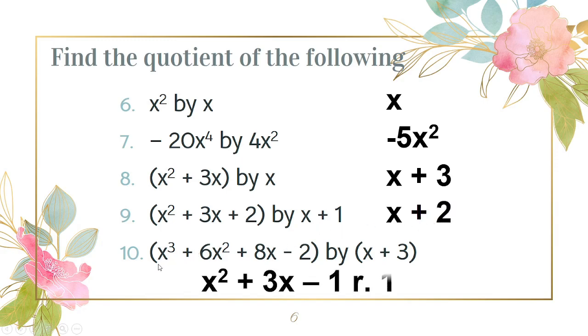And the last one, that one is a bit complicated. X cubed plus 6x squared plus 8x minus 2 divided by x plus 3 is x squared plus 3x minus 1. So I guess you want to see the solution for number 10. And that's our target for today.